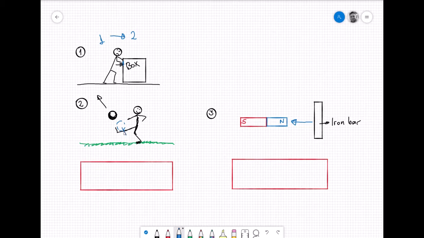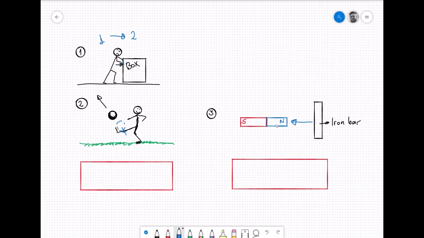So the force acts from the foot to the ball via direct contact. But unlike the first two, in the third example, there is no need for the objects in the force interaction to be in direct contact.